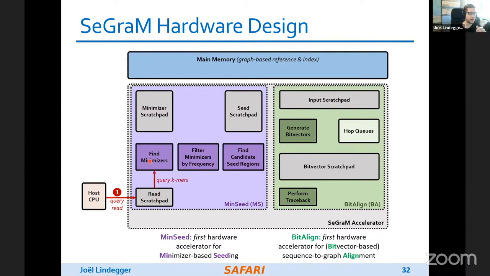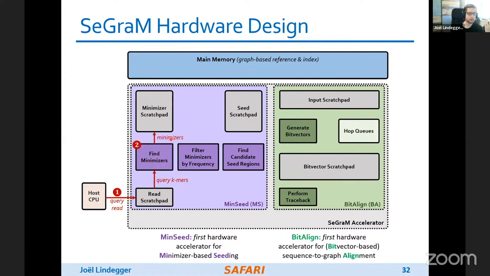Then we have a small computational unit that just looks at the scratchpad. It extracts all k-mers, so length k substrings from the read, and it just calculates which of those are minimizers. This is this minimizer strategy, which I believe we have introduced before in the course.